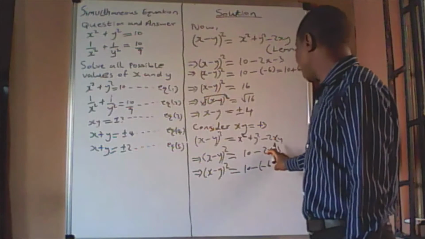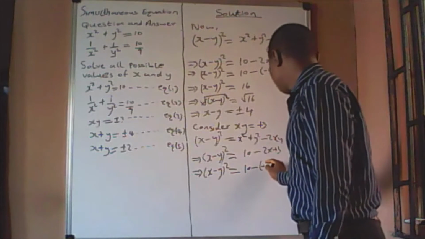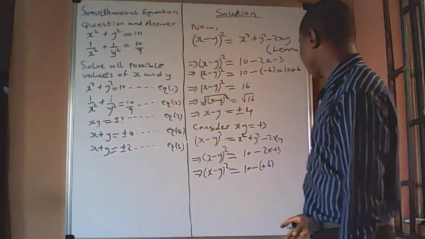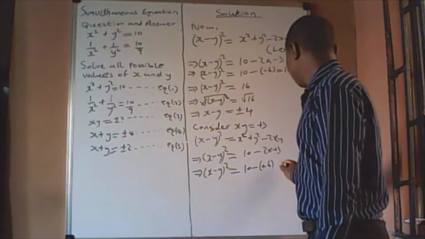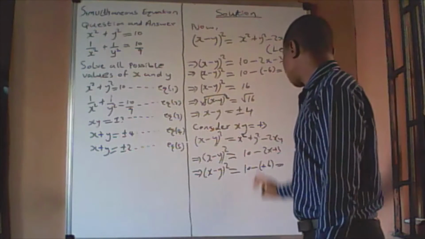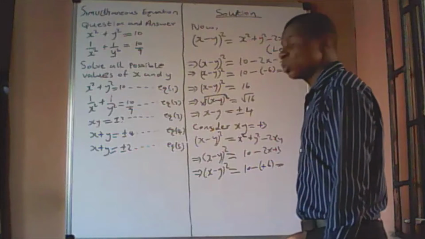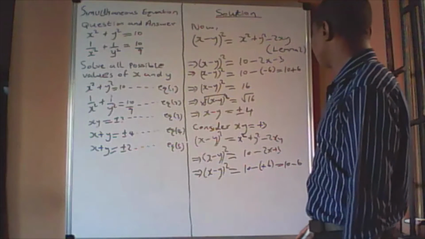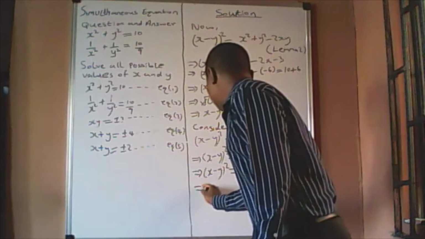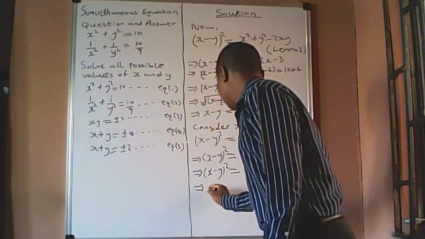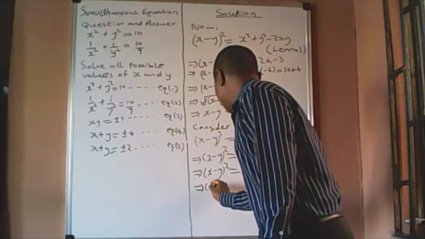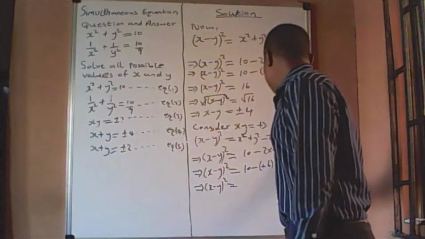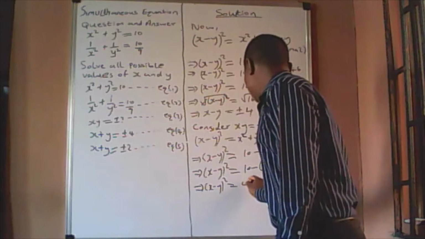That means 2 times plus 3 will give us plus 6, which is minus times plus give us minus 6. 10 minus 6, which implies (x minus y) all raised to power 2 is equal to 10 minus 6, which gives us 4.